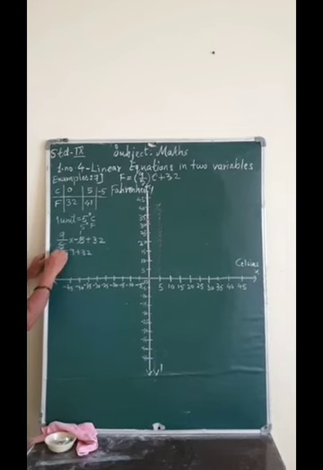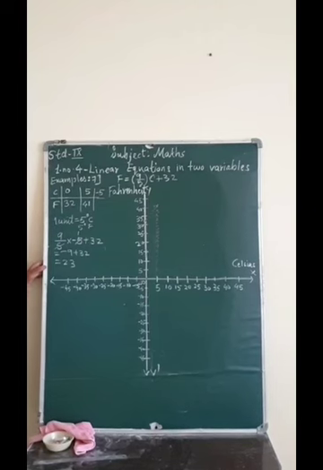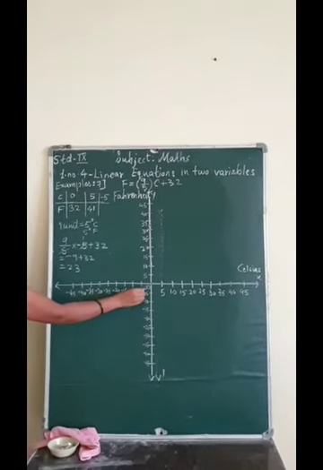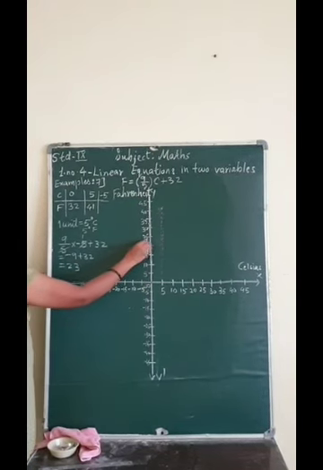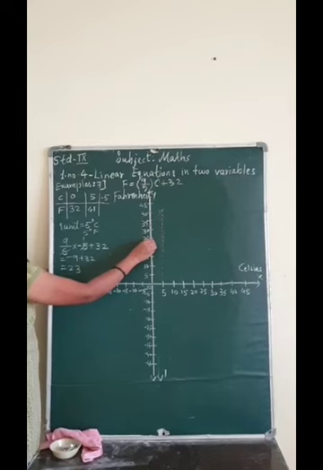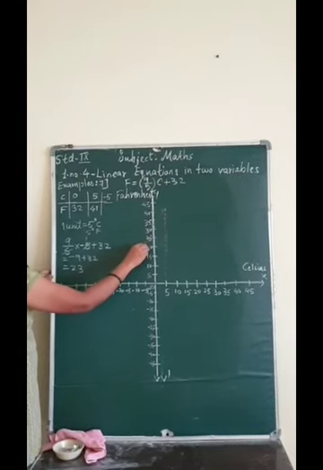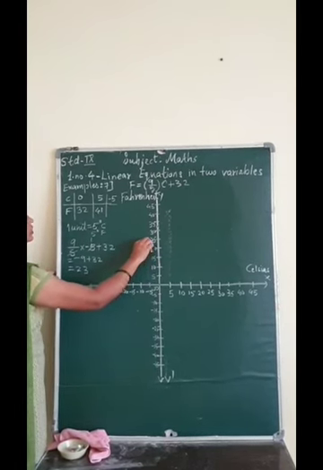So finally we get the answer as 23. So if we have here minus 5 as C, then 23 will come somewhere here. So this is the point.